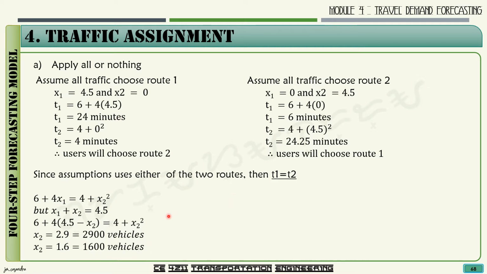So this will be applied if and only if we choose route 1 but the shorter time is the other route, or if we choose route 2 and the shorter time will be the other route.